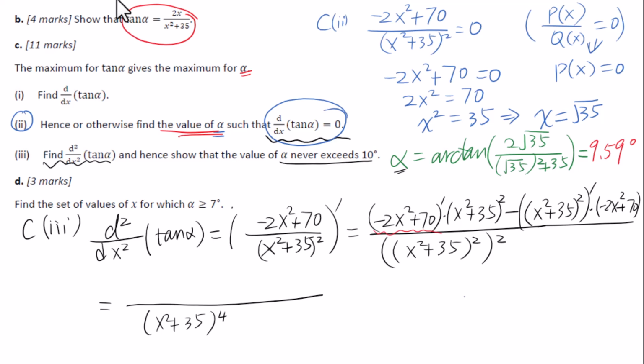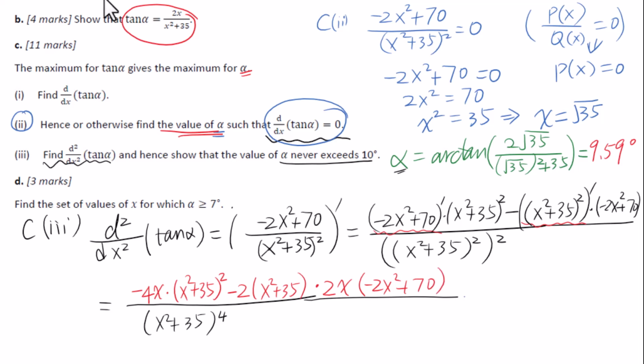Derivative of negative 2x squared plus 70 will be negative 4x times x squared plus 35 squared, then minus. We have to use the power rule first, then chain rule: 2 times x squared plus 35, then times 2x times negative 2x squared plus 70.